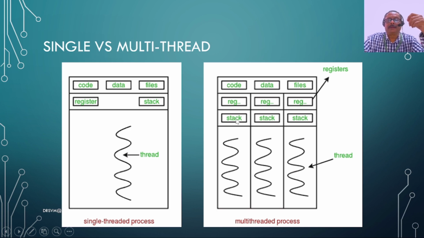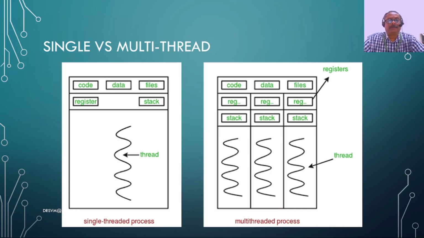Each one will have a separate place for its stack. In the same way, each one will have a place to write the contents of the program counter, so that we know at what step each thread is running at any given time.